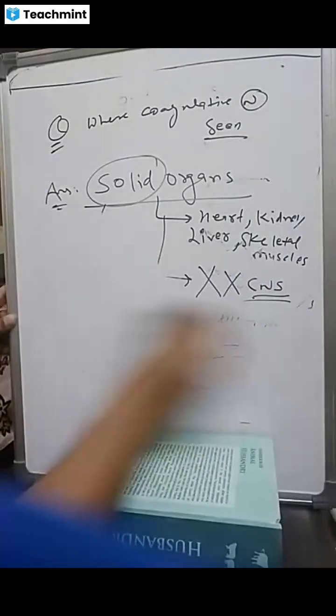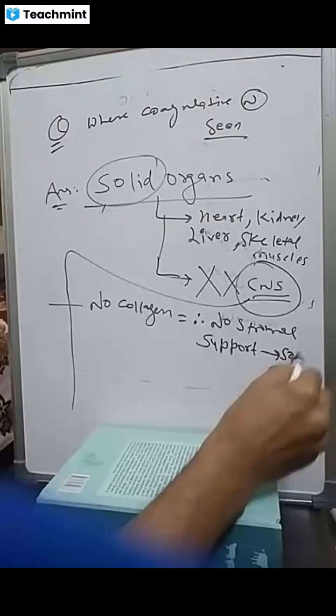Because in the CNS there is no collagen, therefore no stromal support, and therefore it is very soft.